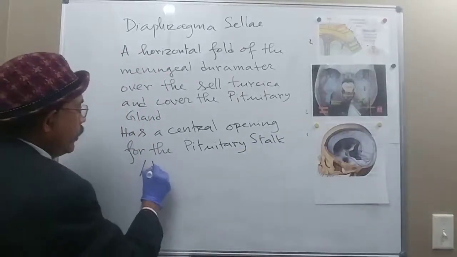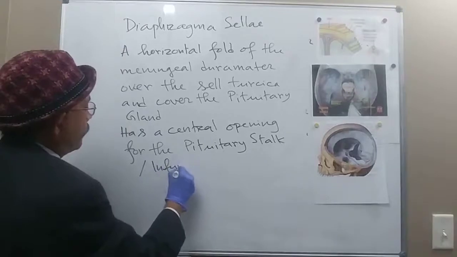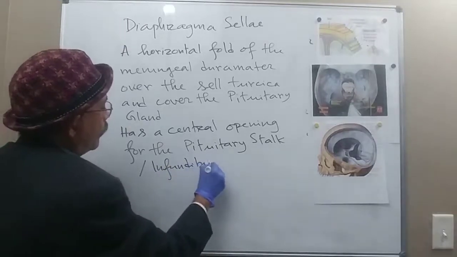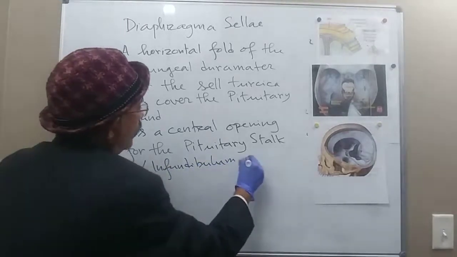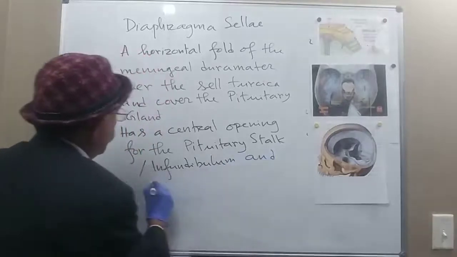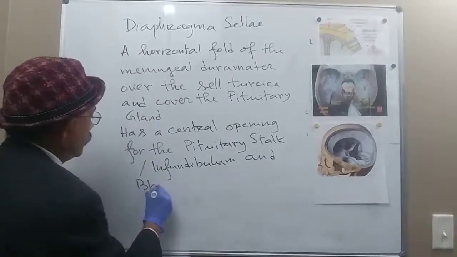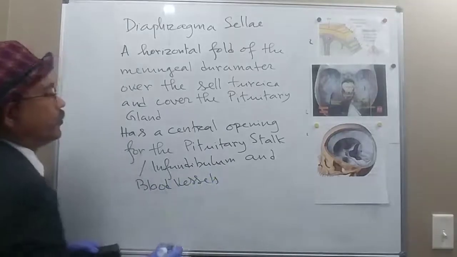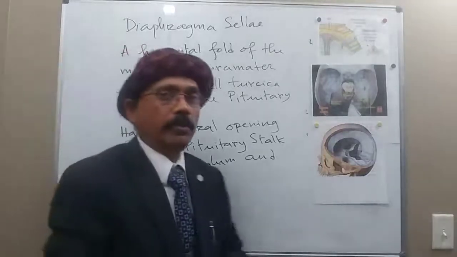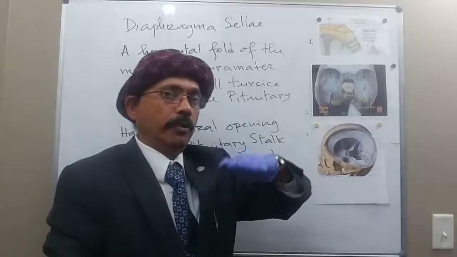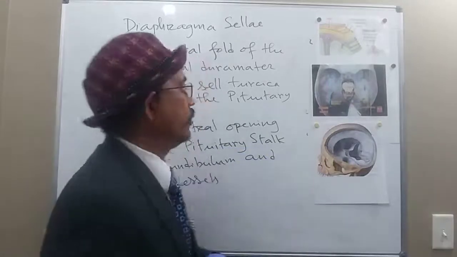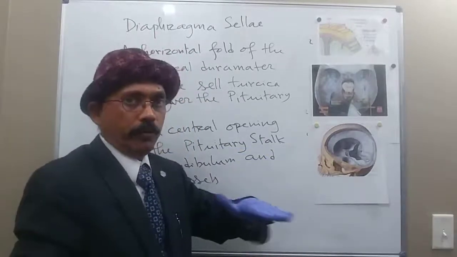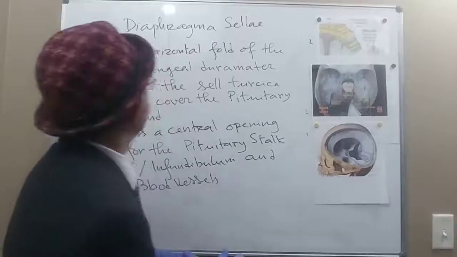So there is an opening there, but it covers the pituitary gland in the sella turcica, over the pituitary fossa, in the part of the sella turcica.